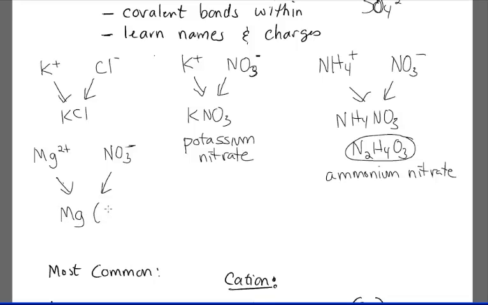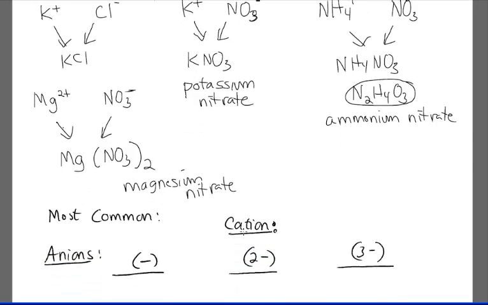So we need 2 nitrates, so we put parentheses around the whole thing and another subscript 2. That would be called magnesium nitrate. So you can have more than one polyatomic ion, but you must put parentheses around the whole thing.